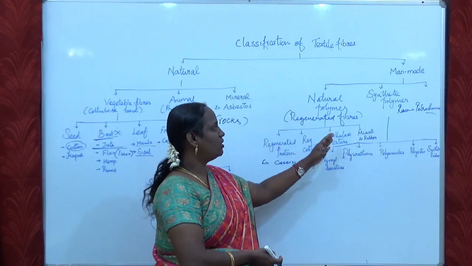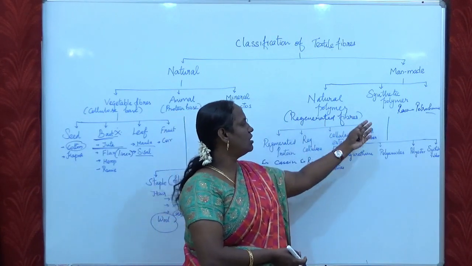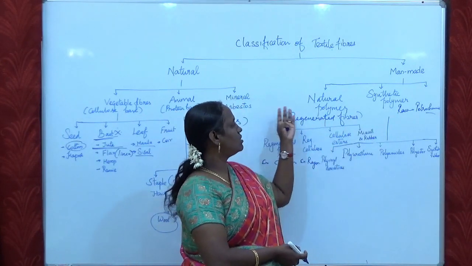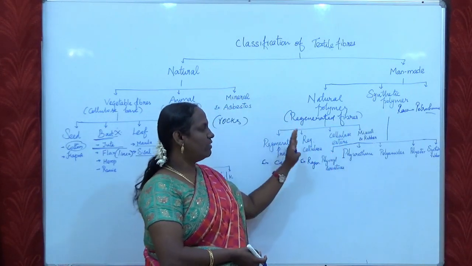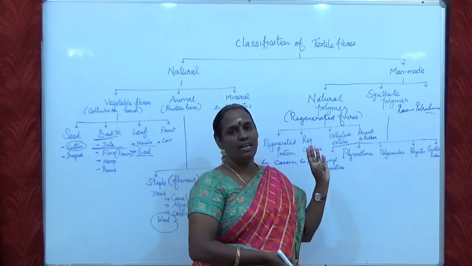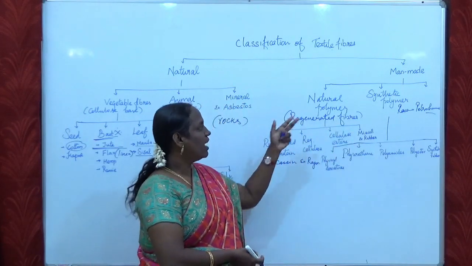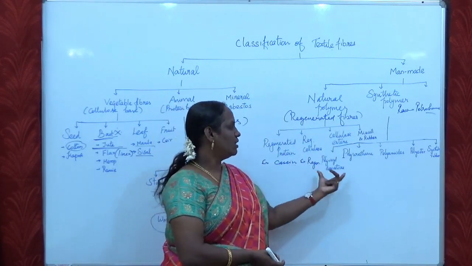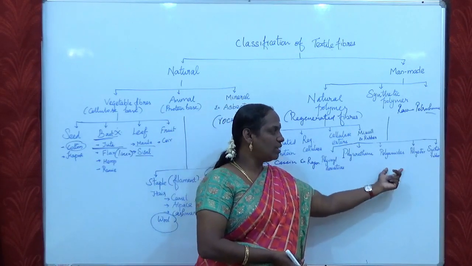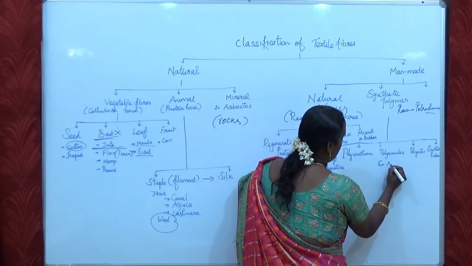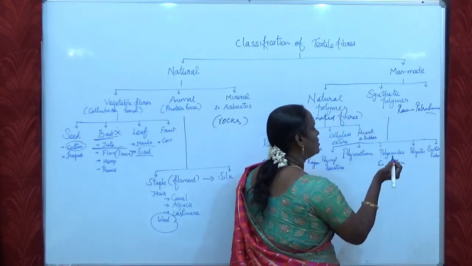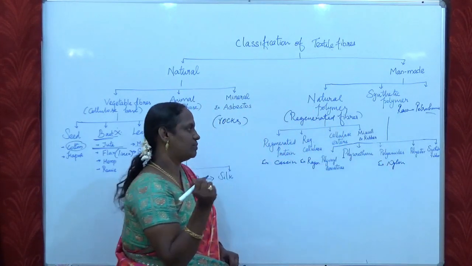In case of natural polymer, which is also known as the regenerated fibers: regenerated protein, regenerated cellulose, cellulose esters and miscellaneous, that is other fibers. And in case of synthetic polymer: polyvinyl derivatives, polyurethane, polyamides, polyester and synthetic rubber. Polyamide, that is nylon. Nylon is a polyamide fiber, right?